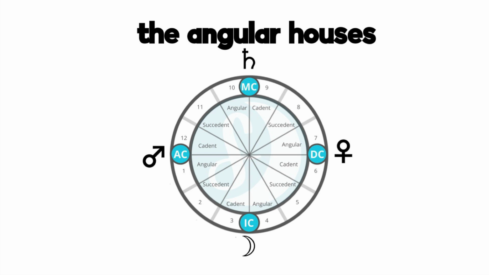And we can see configurations like a grand trine. What is a grand trine? I have a grand trine in my chart. It's in the air signs, in the air houses, but not orderly.